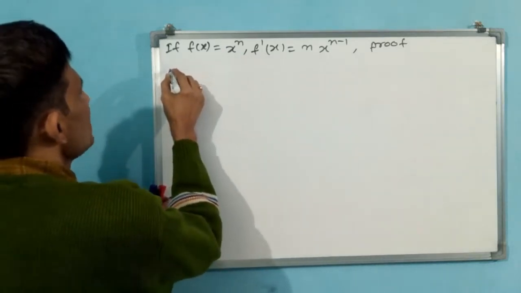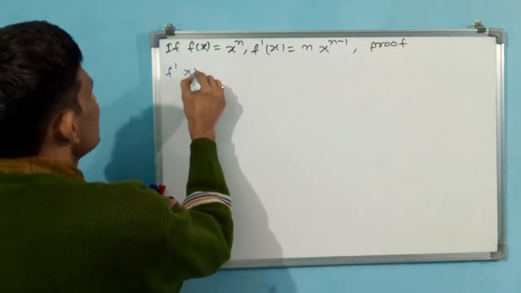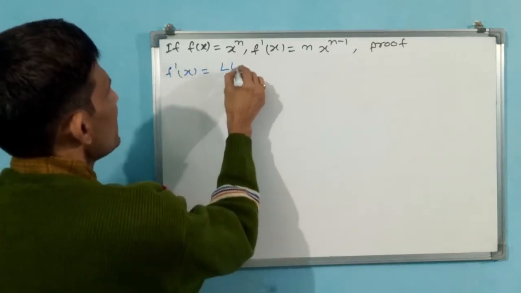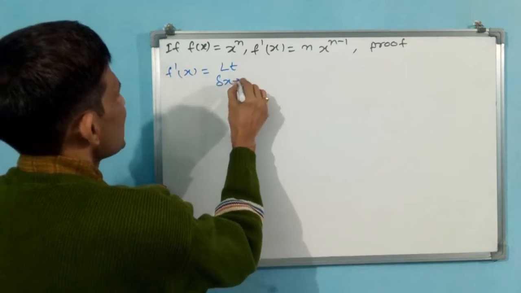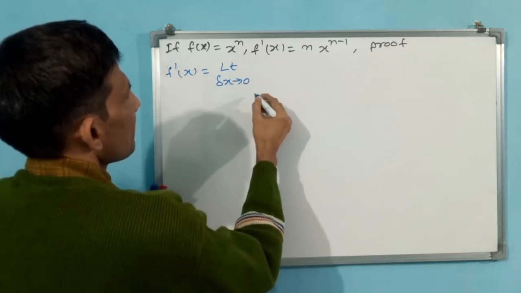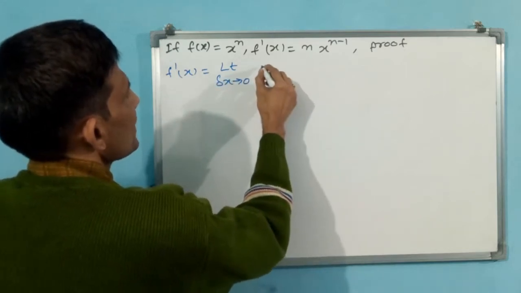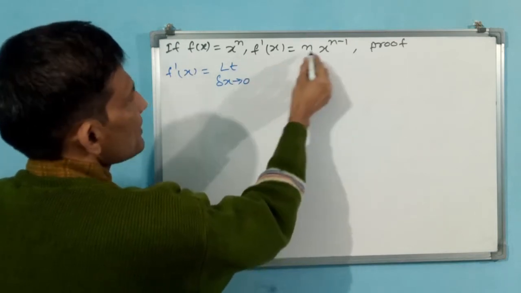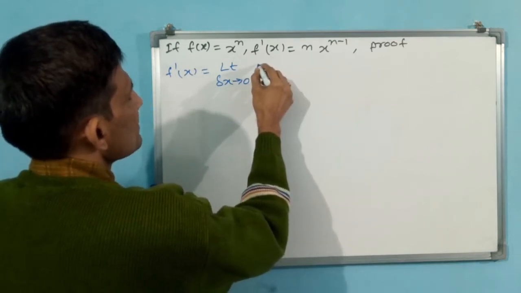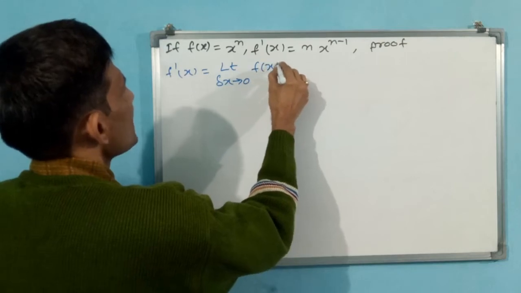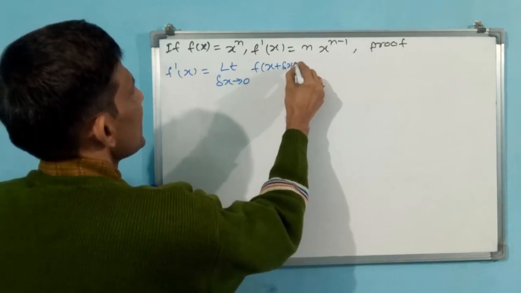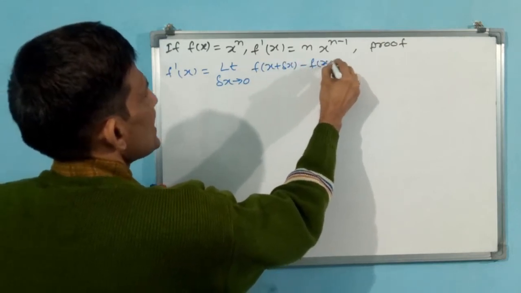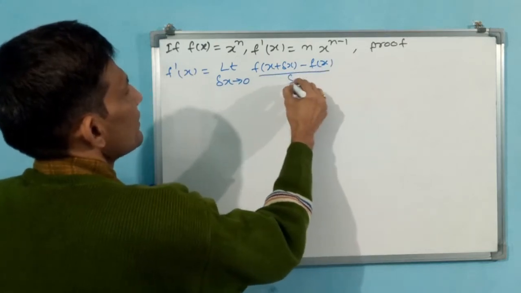Directly I am writing, derivative f dash x is equal to limit delta x tends to 0 of f of x plus delta x minus f of x divided by delta x.